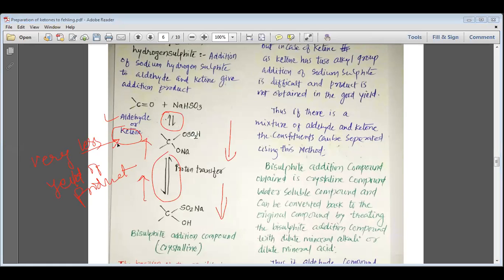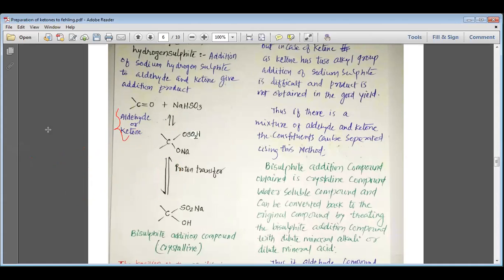So my dear students, suppose we have a mixture of aldehyde and ketone. If we have a mixture of both of them, what happens? Aldehyde gives this product and ketones do not give this product. So by the process of filtration, we can separate them.